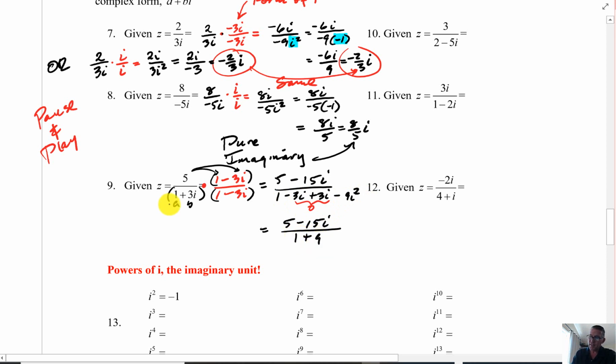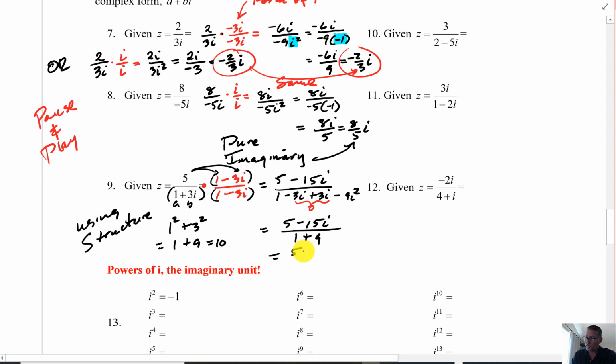So I think taking a and b and just squaring both like this, using structure, is much faster, especially after you get the hang of it. Because 1 squared is 1, 3 squared is 9, and you get a total of 10.